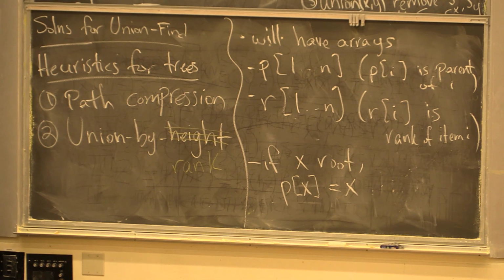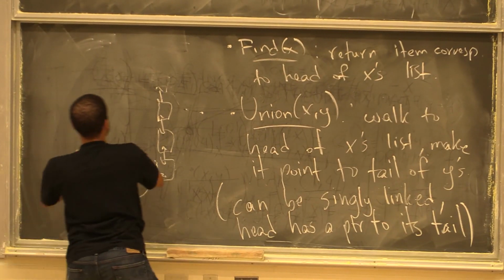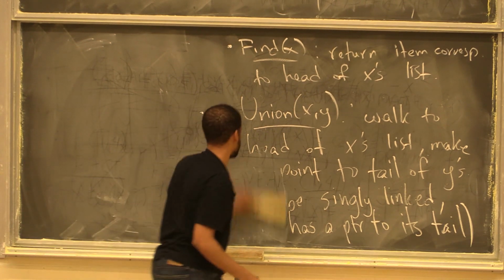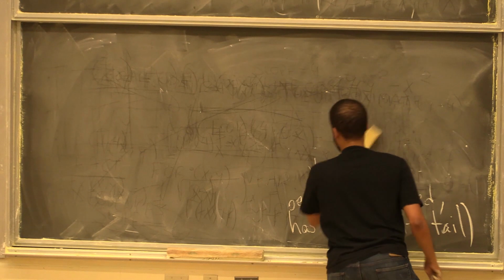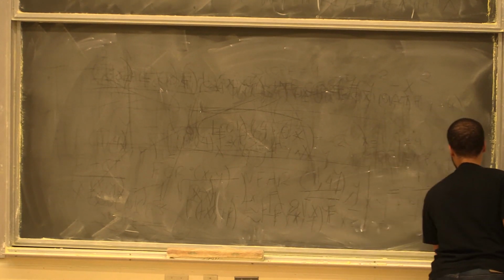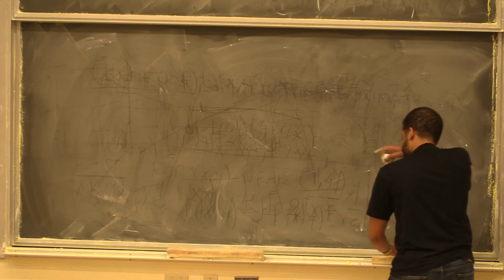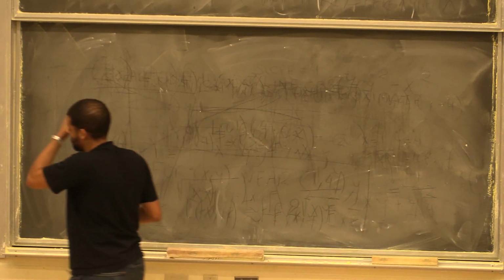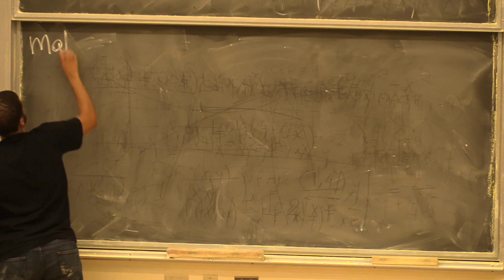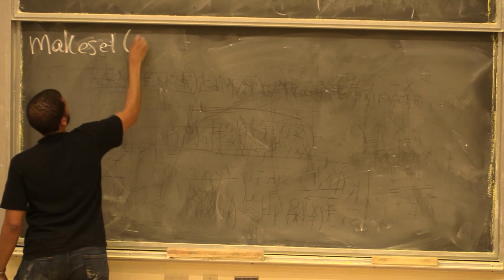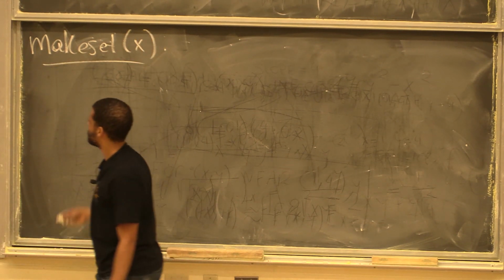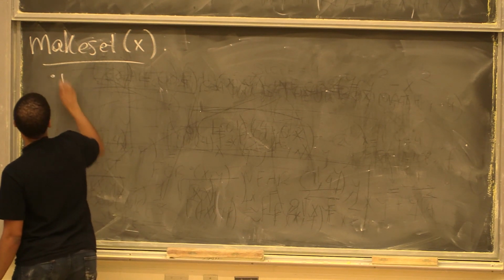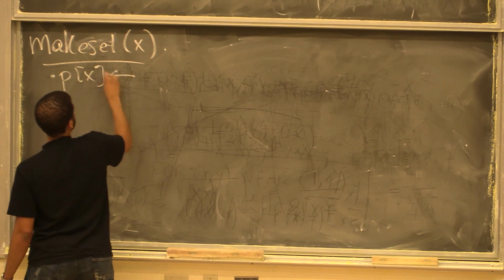Pseudocode: make-set. Well, now he's his own root, so I should set the parent of x to be x.